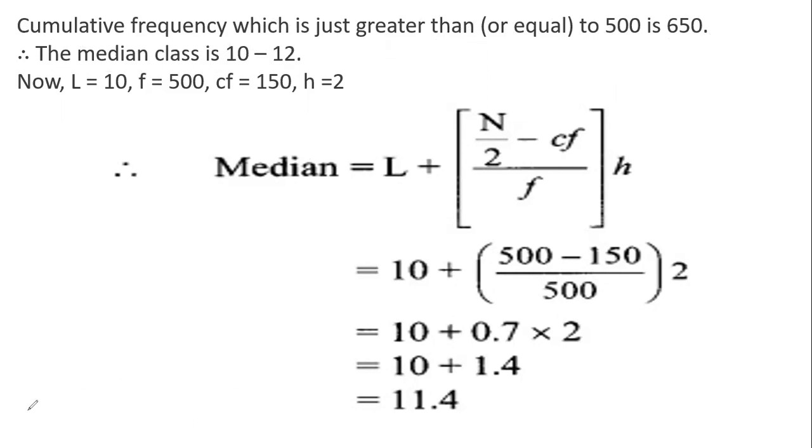Then the things we apply in a formula. So how to apply in the formula? Now median, as you apply the formula, L plus N upon 2 minus CF upon F, into H. H means the difference of the class, that is 2.